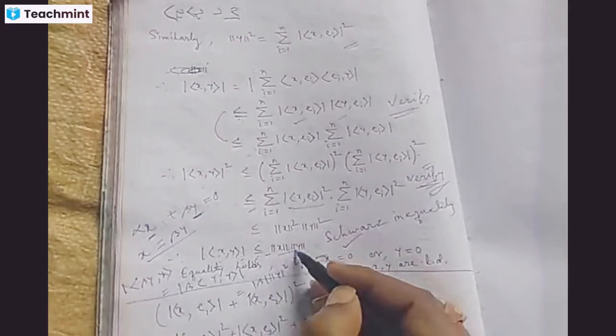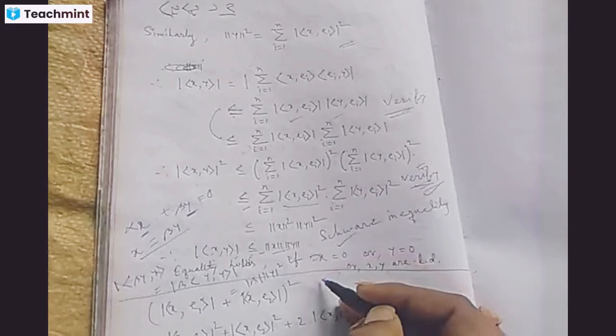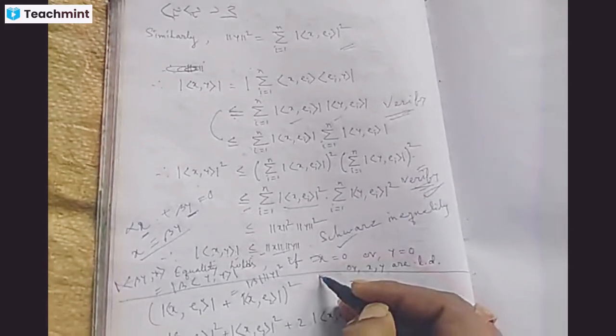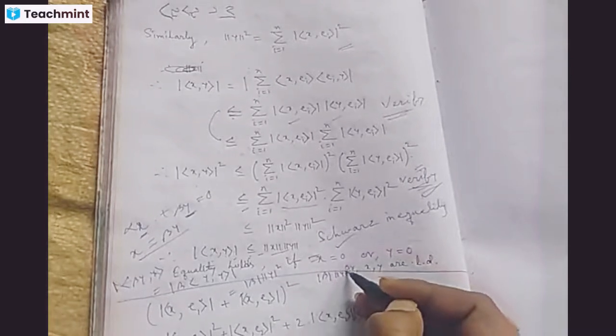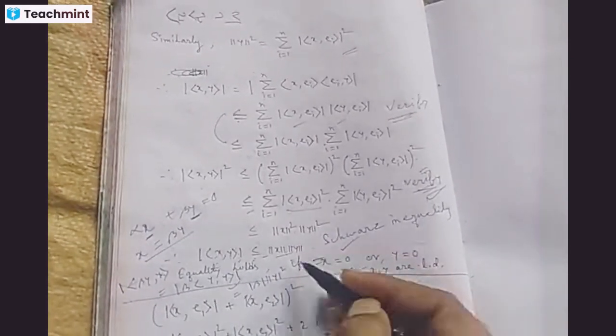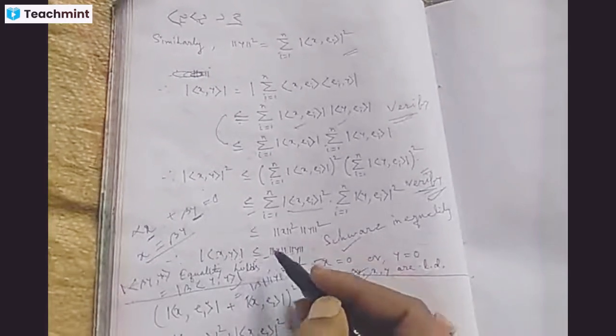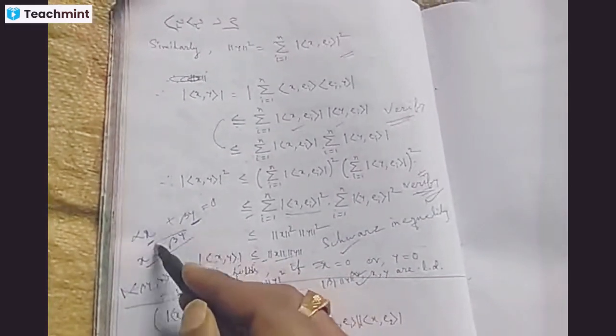And on the right hand side we will get the same: the modulus of beta times the norm of y squared. So the left hand side and right hand side are both equal. So equality holds in one condition, if x and y are linearly dependent.